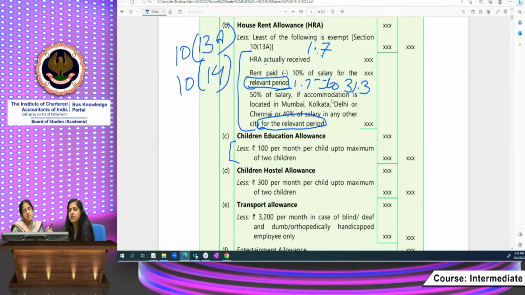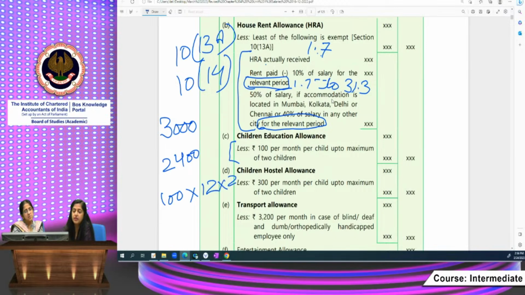Suppose the question says the individual has 3 children and he is getting children education allowance of 3,000 for each child. Then in that case, you can't give the exemption of 2,400. 2,400 means 100 per month is allowed, into 12 into 2.